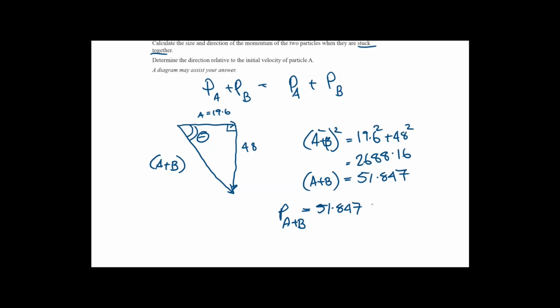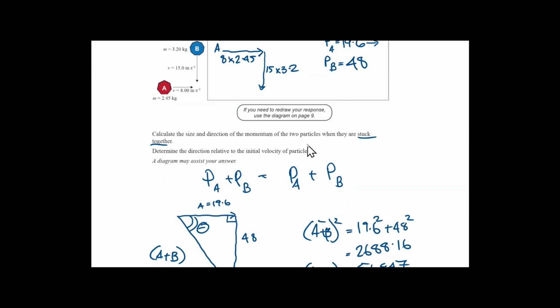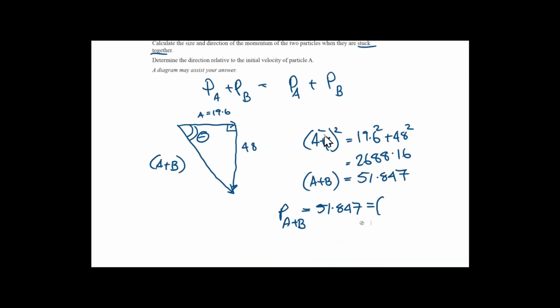But remember, that's a function of the mass of both of them times its velocity. So the masses, I think, were 3.2 and 2.45.